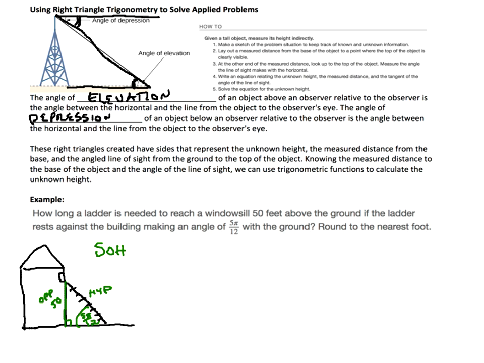So I start out with the sine of t being the opposite over the hypotenuse, and specifically with my problem here, the sine of 5 pi over 12 is equal to 50 over the hypotenuse, and I'm just going to use h for the hypotenuse. I'm trying to figure out the length of my hypotenuse, so I need to solve this equation for h.